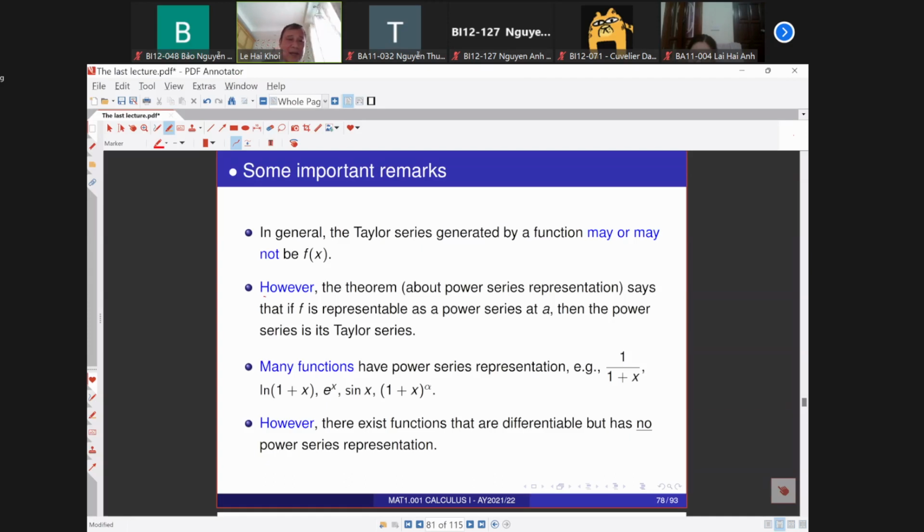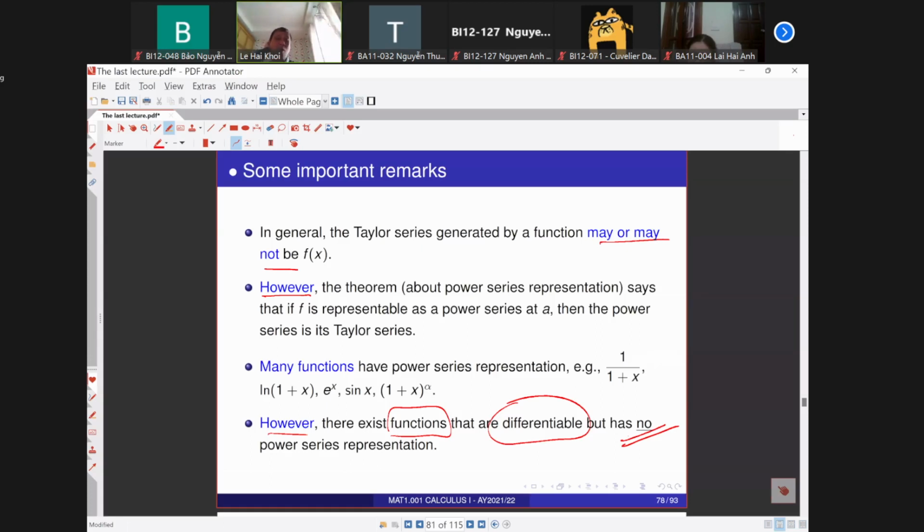However, here again, there exist functions, tồn tại những hàm số differentiable but with no power series representation. Hàm differentiable kể cả với mọi bậc thì chúng ta chỉ có Taylor series thôi, mà Taylor series đã chắc gì nó bằng F(x), cho nên có nghĩa là nó không có power series representation.